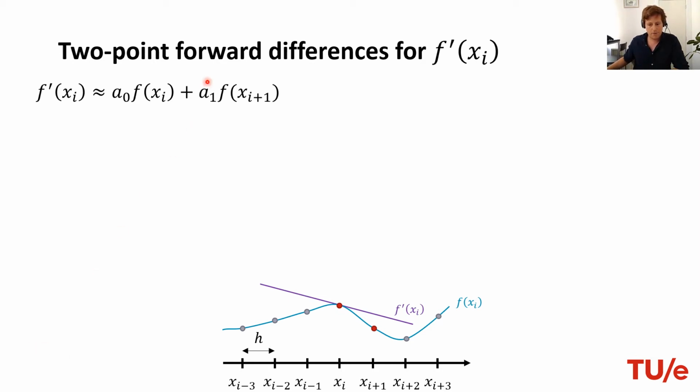So a 2-point forward difference scheme means that we will use point xi and point xi plus 1 in order to approximate the derivative at x equal to xi. So we use a weighted sum of the function evaluated at these 2 points in order to approximate its derivative.